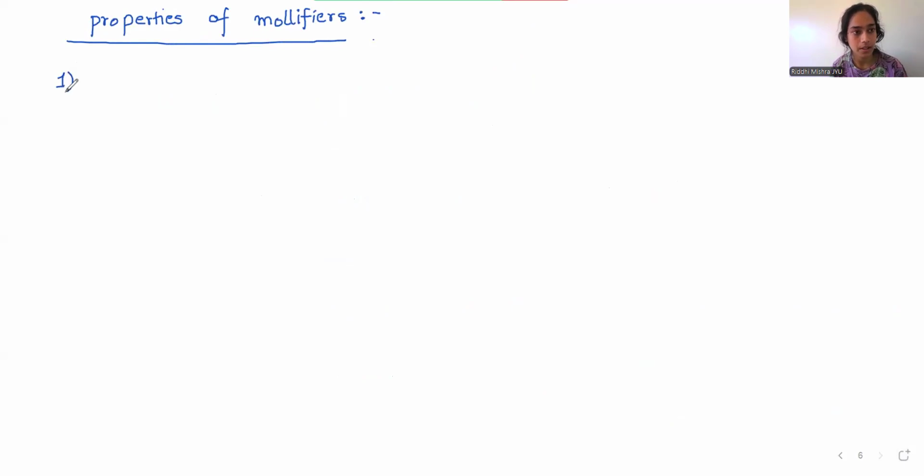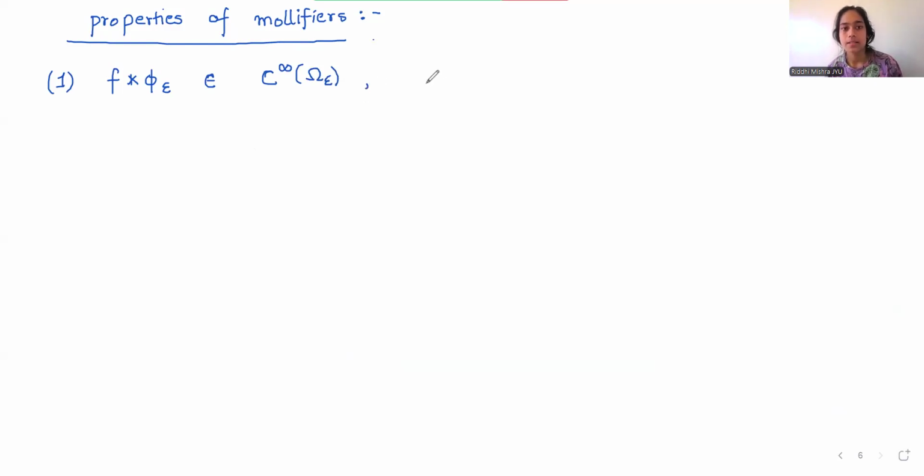Now we have properties of this mollifier. The first one is, for f convolve phi epsilon, you can check that this is a smooth function.